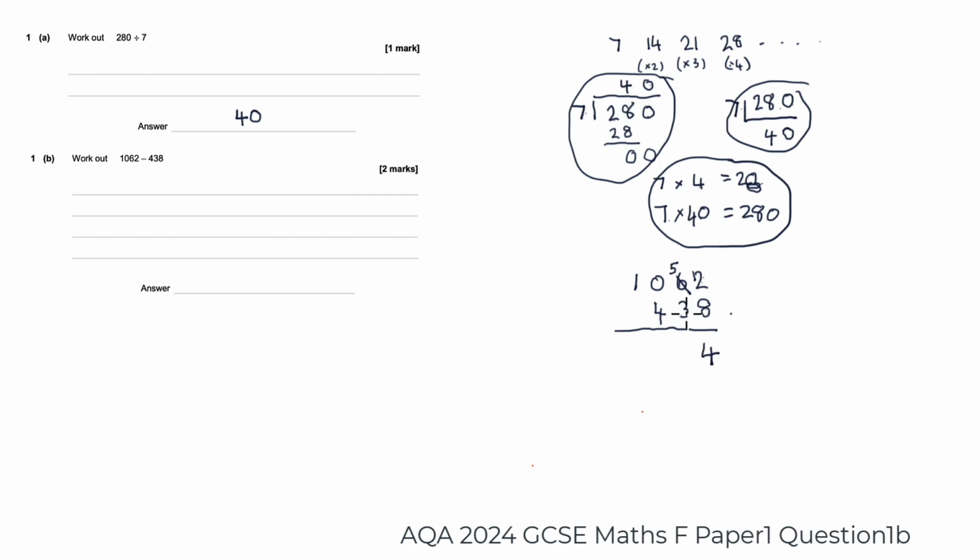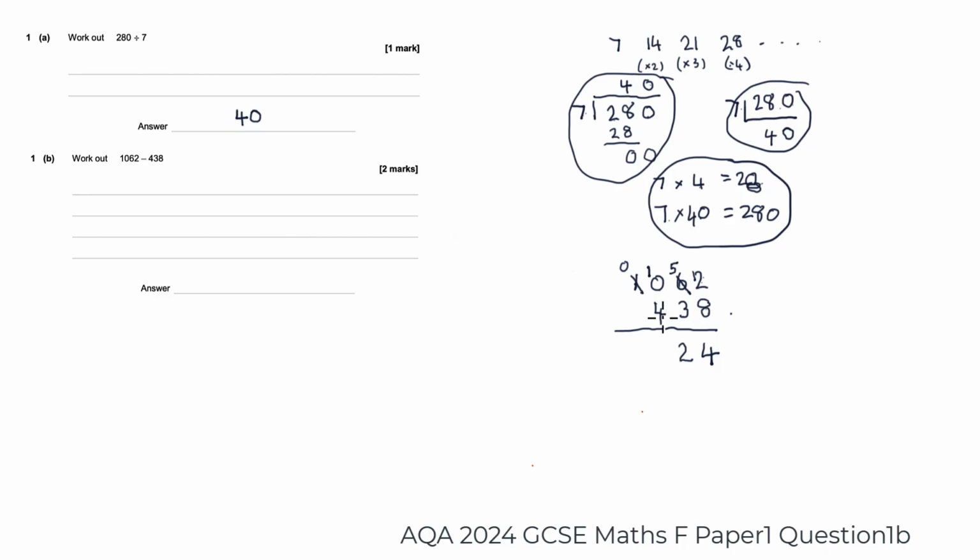And now in the tens column we've got 3 from 5 is 2. Now in the hundreds column, 4 from 0 we can't do, so we go to the thousands column and we borrow that, and it'll become 10 lots of 100.